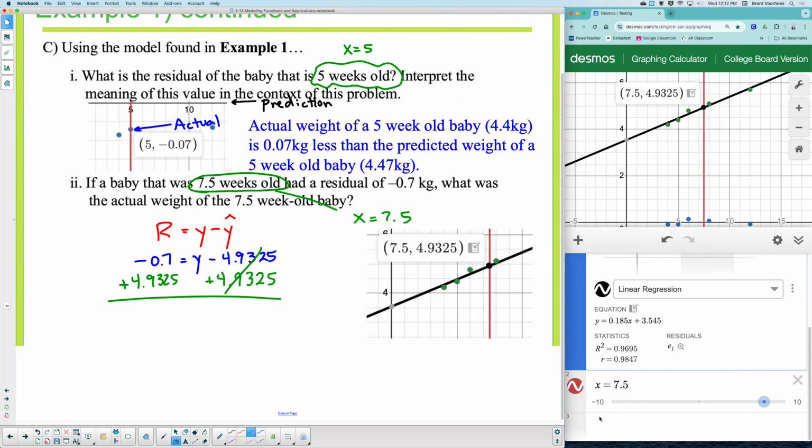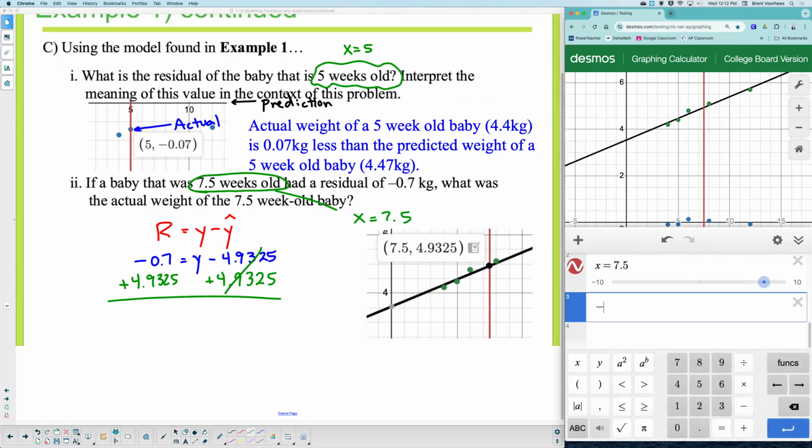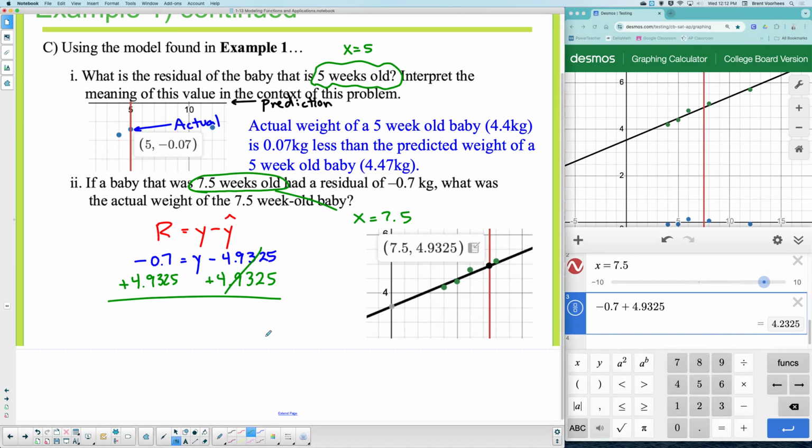I'm just going to type this in right here to make sure I don't make a mistake. Negative 0.7 plus 4.9325. That's going to be our weight right there. The actual weight, and this you could round if you wanted to. The actual weight, which you could write Y if you wanted to.